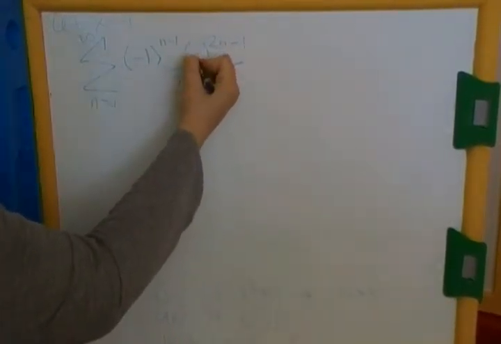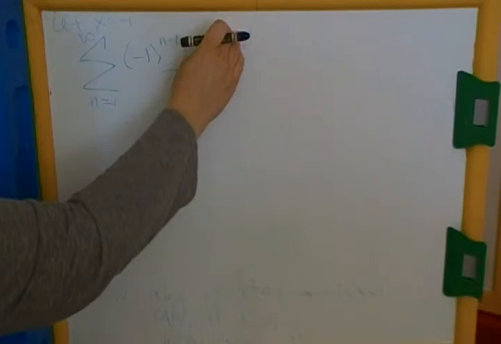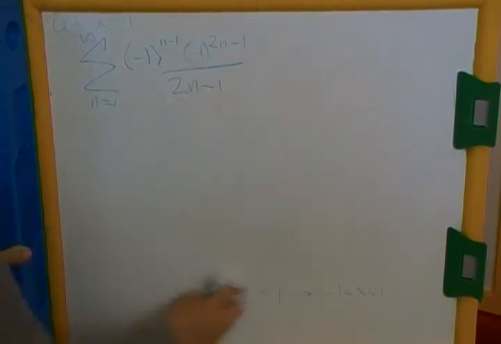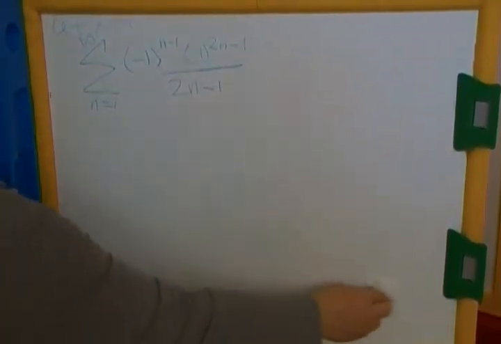So we've got negative 1 to the n minus 1 times negative 1 to the 2n minus 1. So those are both negative 1s in the base, so we want to combine them.